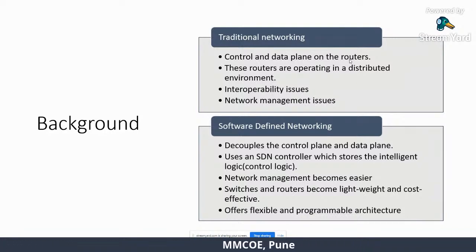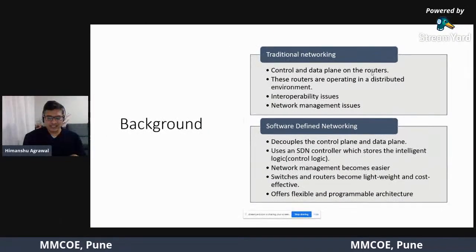In this case, you can program it on the SDN controller, and on the device side, or the infrastructure side, you have only simple switches or lightweight switches, or you can call them simply dumb switches, right? So the networking devices are quite lightweight, very low cost, you can say lean devices, right?